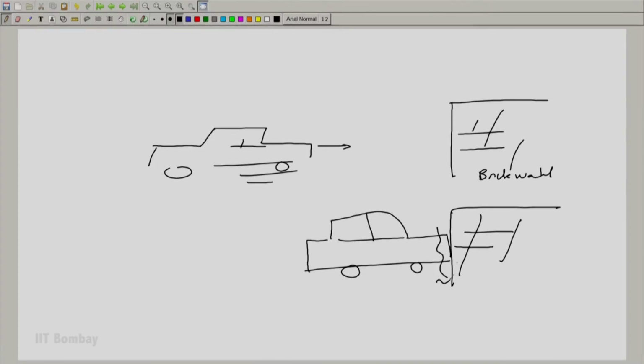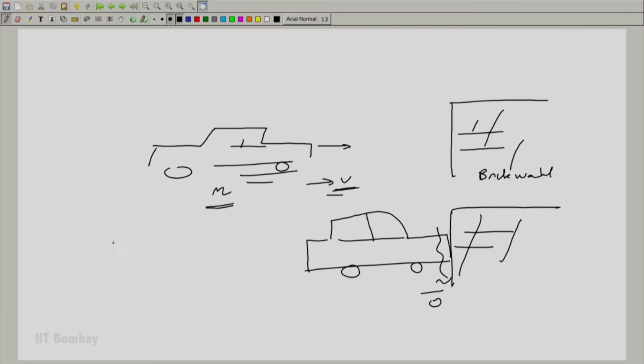It's damaged, but say the car has a mass m and it's moving at a velocity v, and then as soon as it hits the brick wall, it goes from velocity v to 0 after it crashes. It's 0 obviously in a few milliseconds.